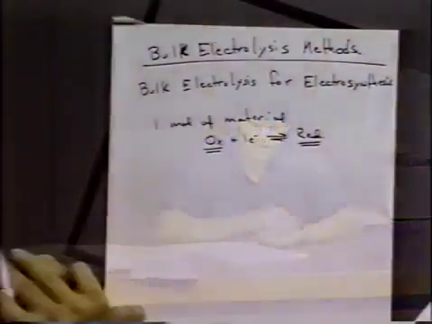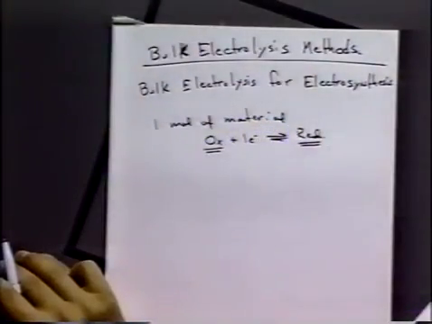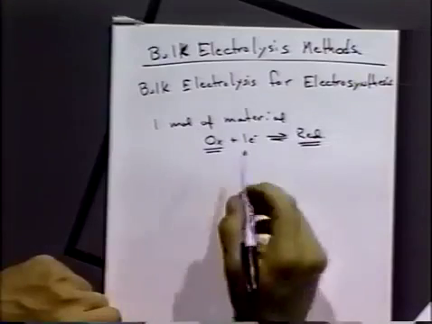In order to reduce completely 1 mole of Ox to 1 mole of Red, we have to pass 1 mole of electrons to do that process.